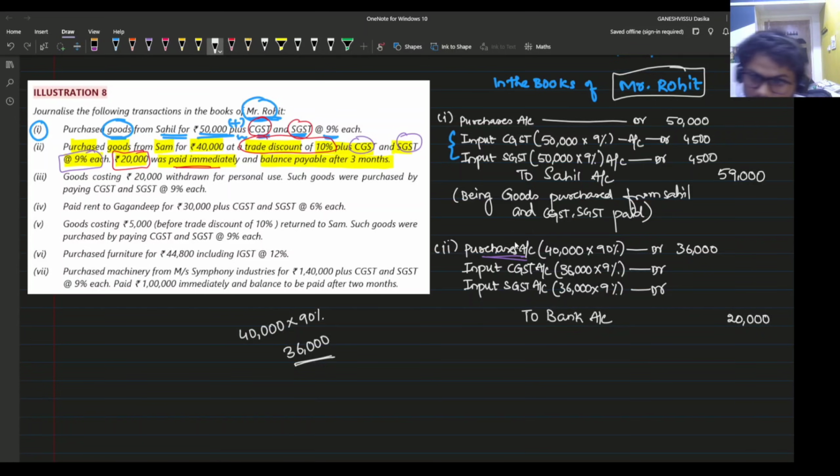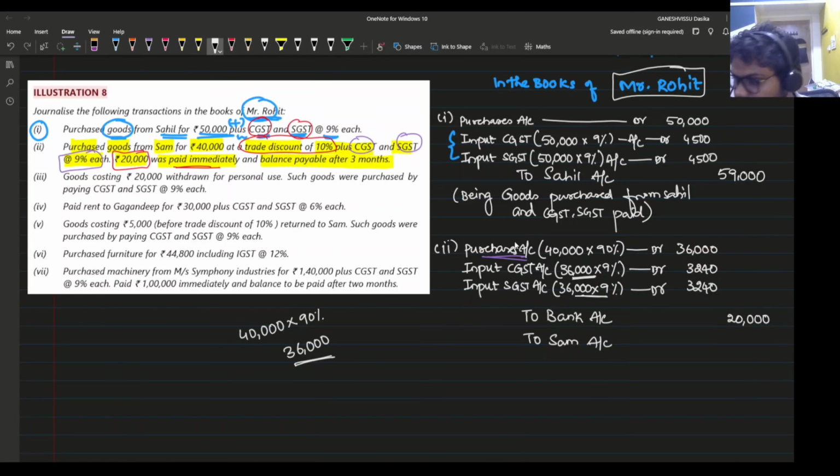And also the remaining amount he has to pay to Sam. As it is a credit transaction, we are going to write the name Sam as well. So we are required to calculate the GST amount, 36,000 into 9%. Let me calculate it. This is 3,240, the same for both.